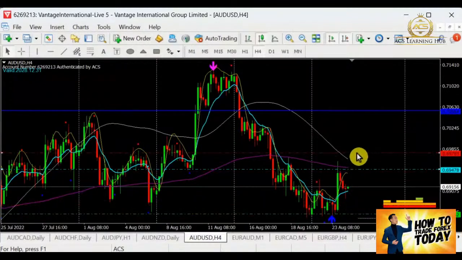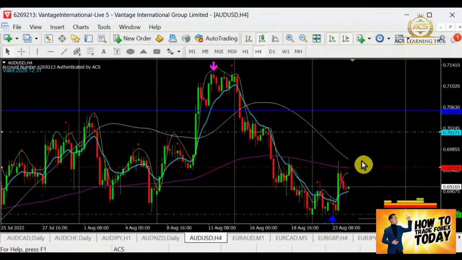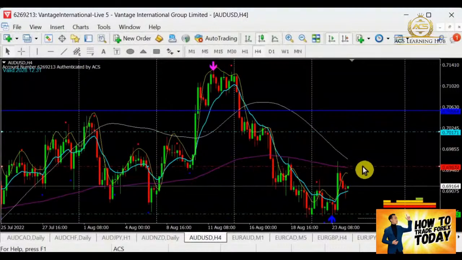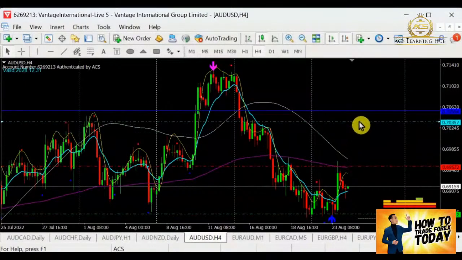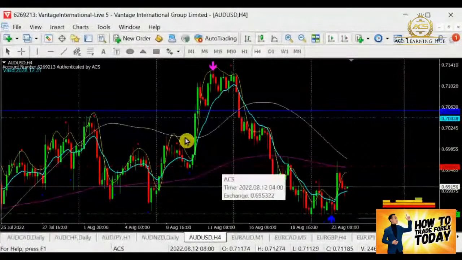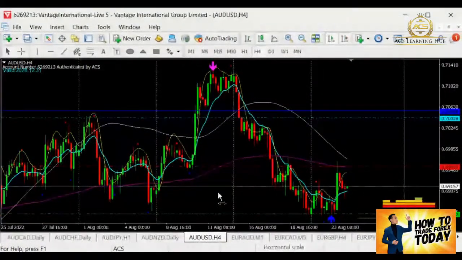The resistance is here, and then probably we need to go further up. It may go further up quite a fair bit. So tentatively, buying is possible for Aussie dollar. No for selling.